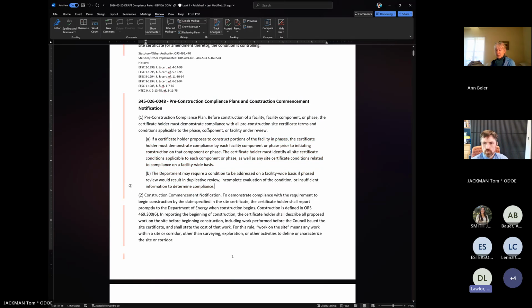Phasing to us, and I'm speaking for my company, is phasing of the project. So we've permitted 500 megawatts of battery and solar as an example, and one phase of the project might be 200 megawatts because it was sold to a certain customer, with 150 megawatts of solar and 50 megawatts of BESS.